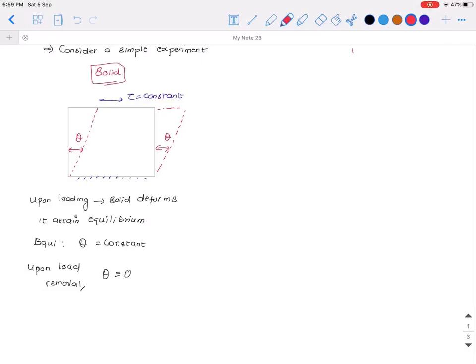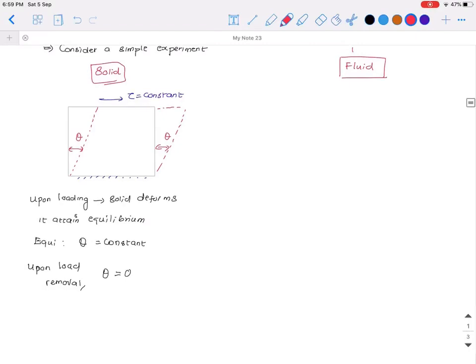Now let's move on to fluid. We have not defined a fluid from a mechanics point of view, which we are going to do after this experiment. A similar experiment on fluid would be that we consider two plates, very long infinite plates, where we keep the bottom one fixed and we apply shear force to the fluid.